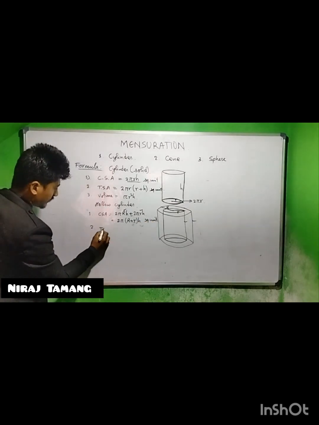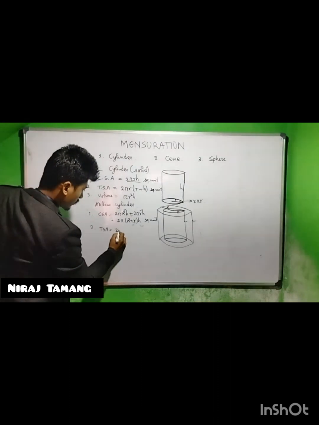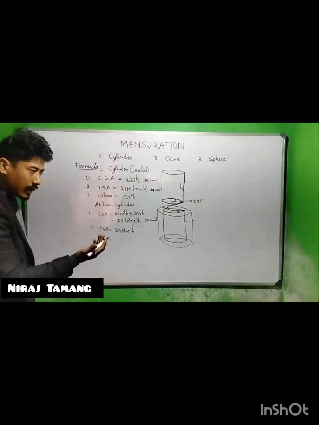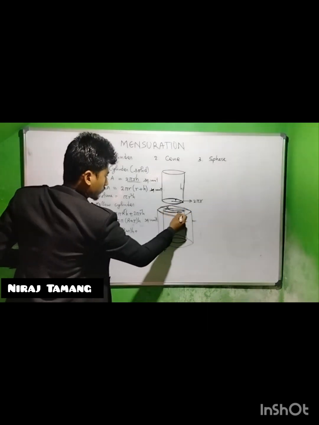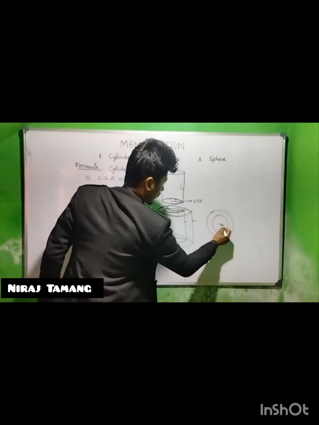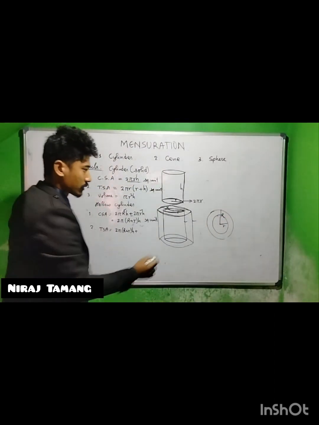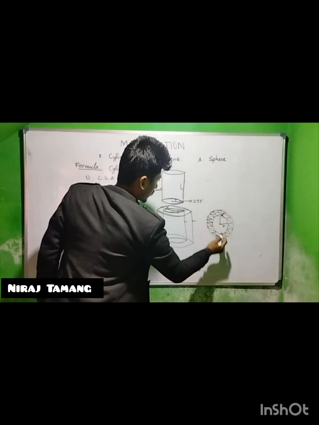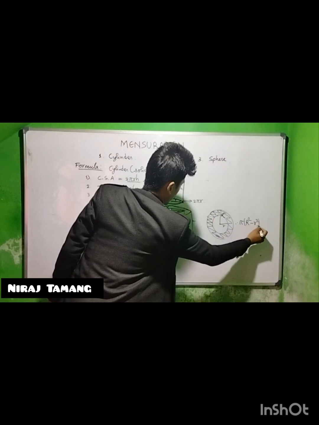Number 2, TSA. So in this part we have to include this 2 pi (R plus r) h, that is the curved surface area. And look at the upper part of this cylinder, which are two concentric circles, exactly like this, whose internal radius is small r and external radius is capital R. So we are trying to find the area of this part, whose area will be pi (R square minus r square).